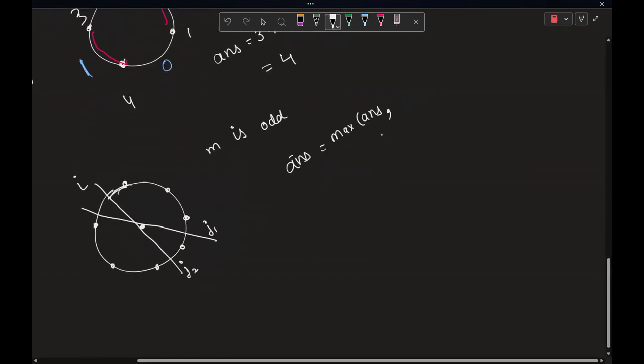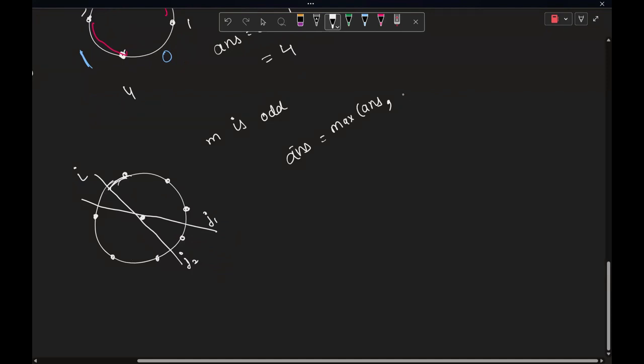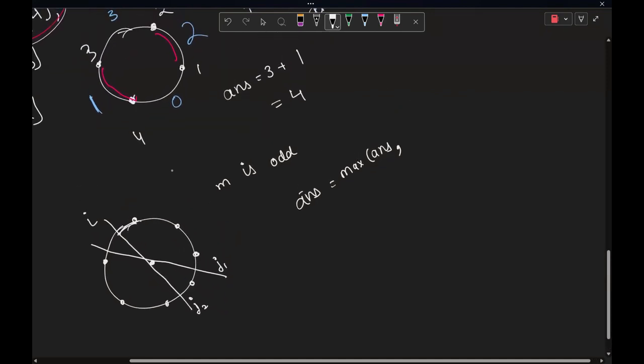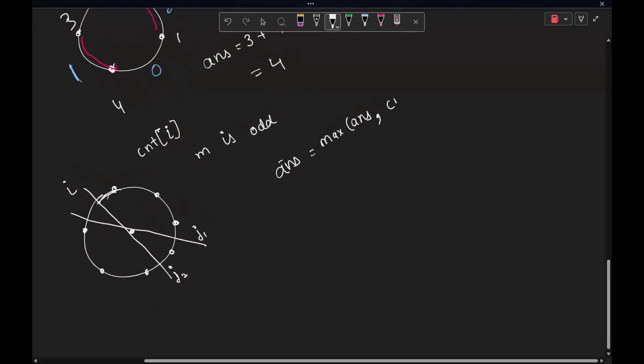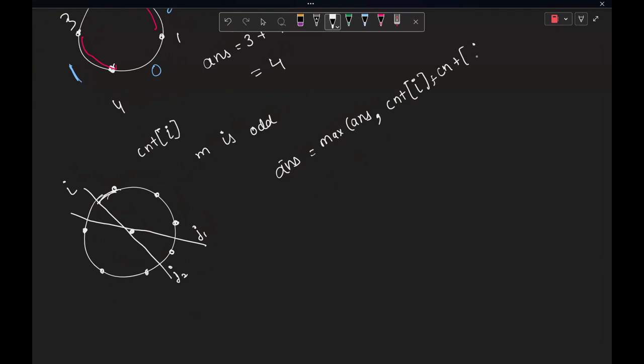Then it will be equal to the maximum of, if I keep track of the number of flavors which come up in the block in variable CNT I, telling me the number of flavors which are coming up in this block, then answer will be equal to the maximum of count of I plus count of J1, and similarly the exact same thing for count of J2 here.